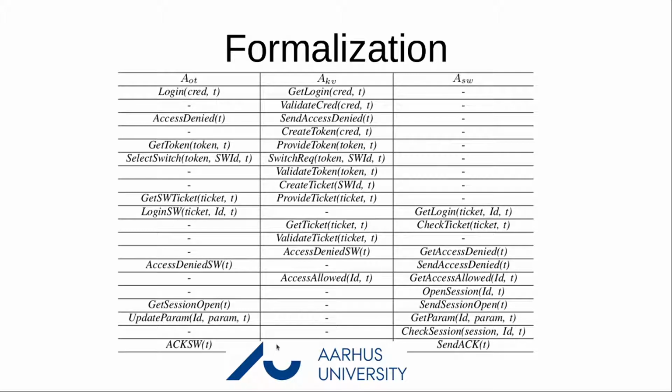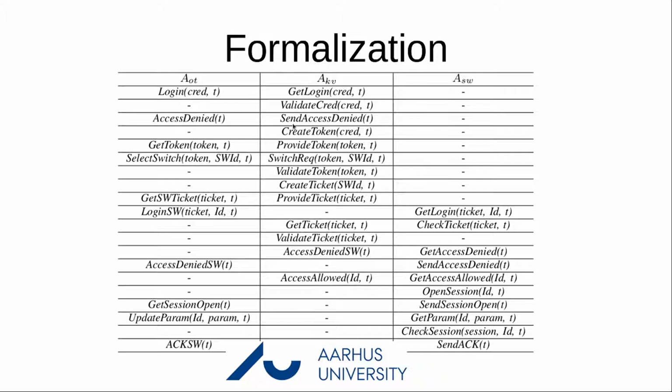And this table presents how they synchronize with one another, a little bit in the UPPAAL way of thinking about synchronized actions. So login synchronizes with the get login on the key vault from the OT. Validate credentials, for example, is an internal action, so it does not really have synchronization with any other components.